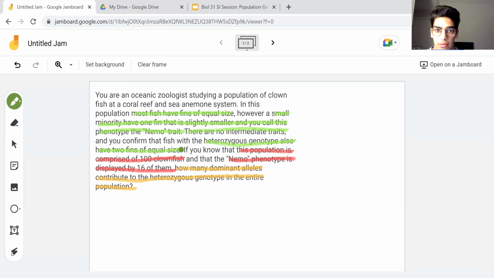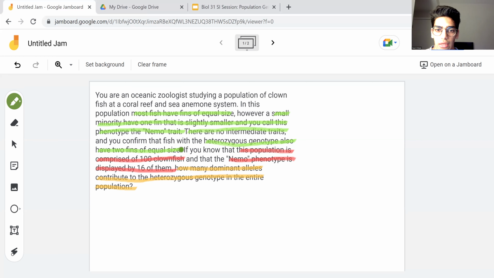So the dominant allele takes focus, whether it's homozygous dominant or heterozygous dominant, to create the phenotype of two fins of equal size. So two genotypes equals one phenotype. And for the recessive, one genotype equals one phenotype.